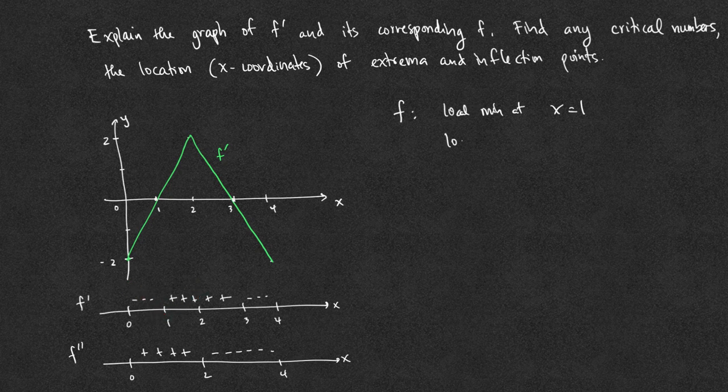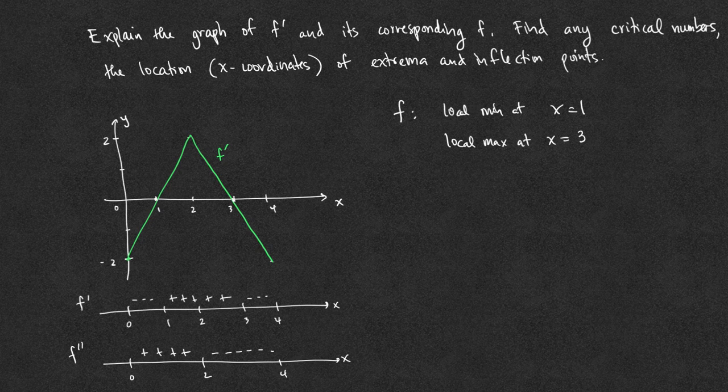Similarly, it has a local maximum at x equals 3 because f prime changes its sign from positive to negative, increasing and then decreasing at x equals 3, local maximum. We don't know what the y coordinate is because we don't have the information about f.